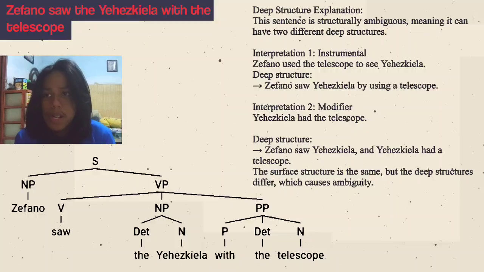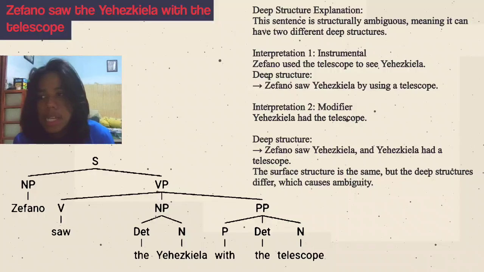And for the deep structure explanation, the sentence is structurally ambiguous, and its meaning can have two different deep structures. For the first interpretation, the deep structure is instrumental. So the sentence Zevano used the telescope to see Hezekiah has the deep structure: Zevano saw Hezekiah by using a telescope.